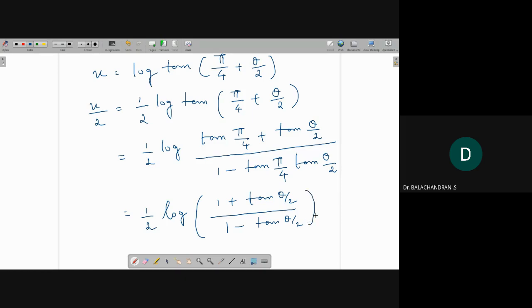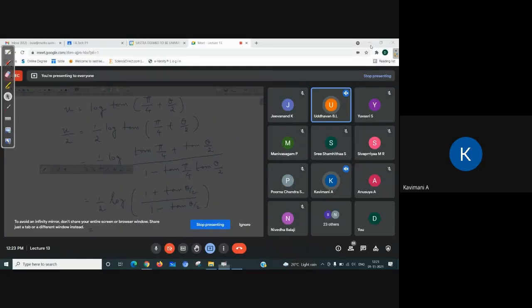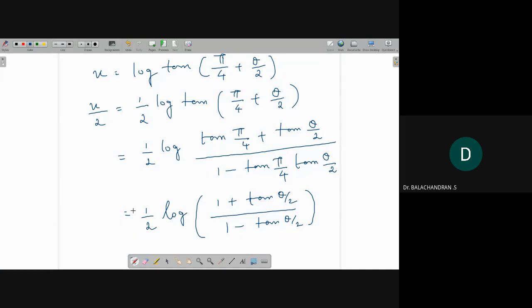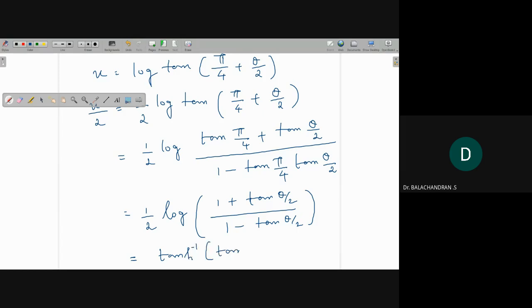Now, actually, this is of the form 1 by 2 log of 1 plus x divided by 1 minus x. So this is equal to what? Tan h inverse of tan theta by 2. Yes, correct, Uddhavan and Kavimani. Tan h inverse of tan theta by 2. So what is the left hand side? U by 2.